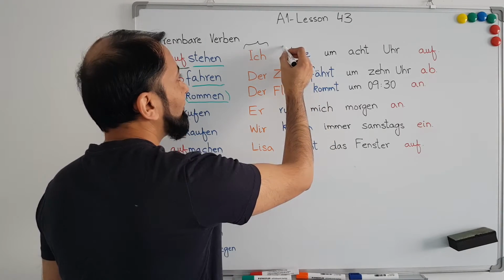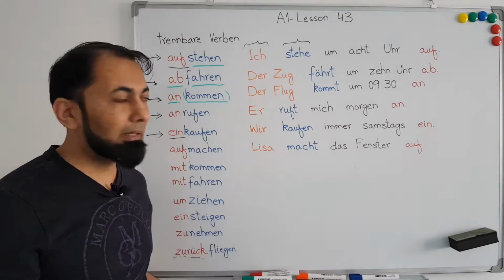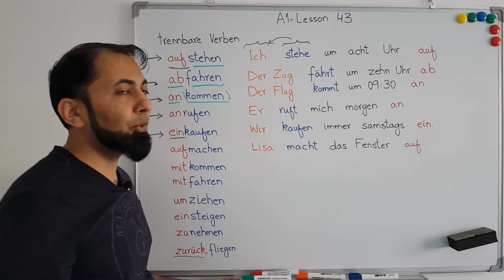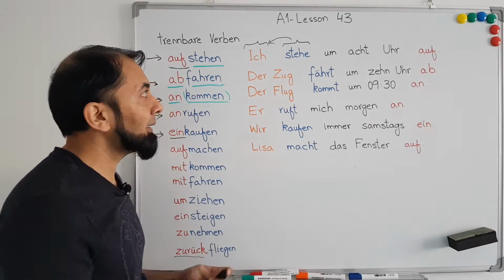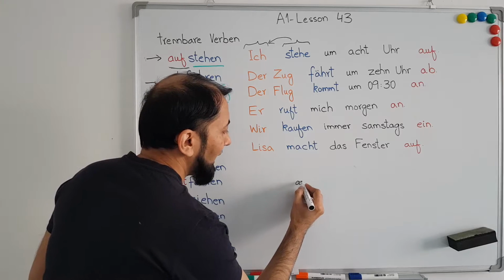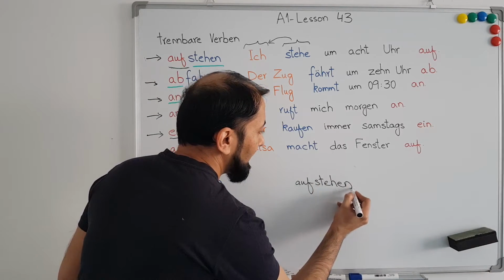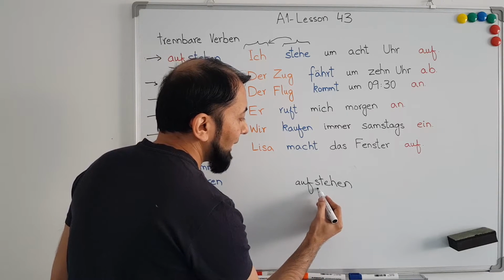And we have learned that the verb will come at the second position in a normal German sentence, and we have to conjugate this verb according to the subject of the sentence. This is what we have already learned, and we will follow the same rule to some extent while using these separable verbs. Now I have written this verb aufstehen.